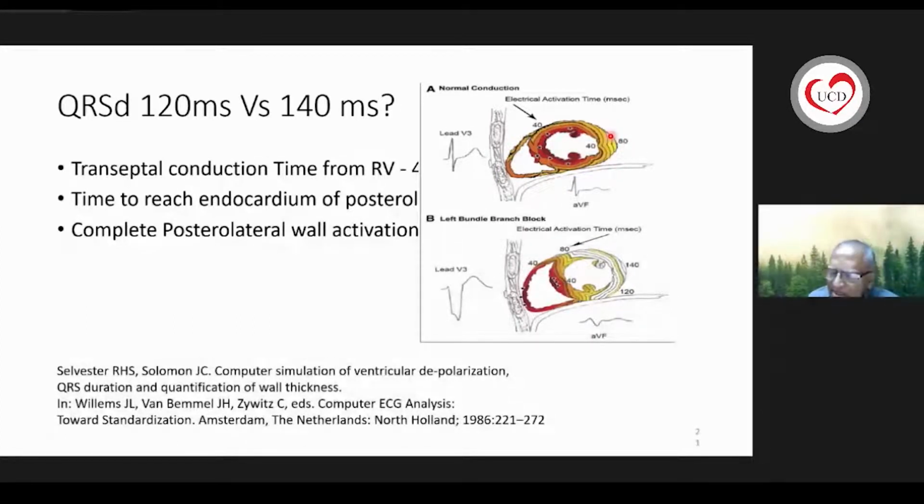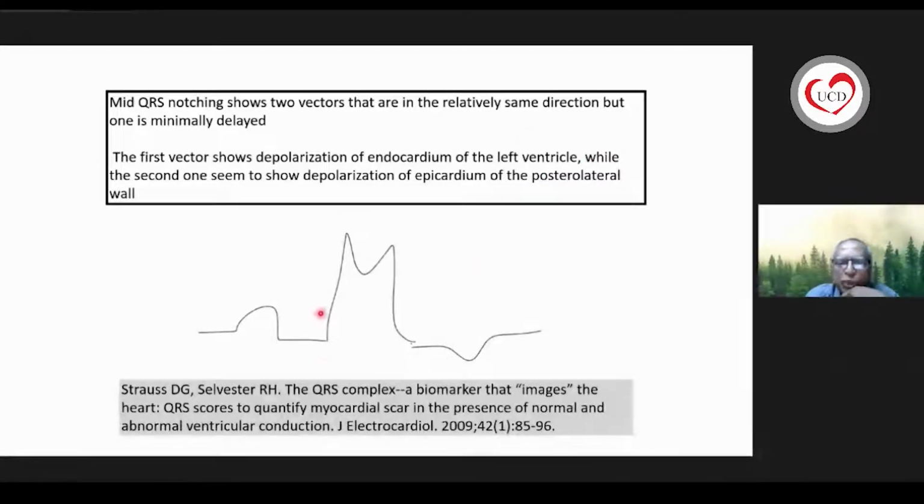Now, why is this relevant in terms of looking at an ECG and deciding whether a patient is going to respond to conduction system pacing or you need an additional left ventricular lead? This is what the ECG should tell you. The initial component is sharp, which is due to endocardial activation of the left ventricle. The delayed component is because of the epicardial activation of the left ventricle.